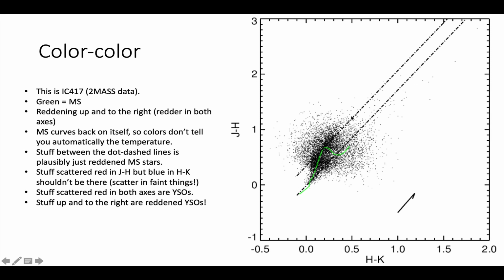The dot-dash lines here are lines parallel to the reddening vector, and they sort of straddle most of the range of colors for main sequence stars. So anything between those two bands is plausibly just a reddened main sequence star. But you can see we've got a lot of stars down here that are very red, right? These guys are the young stars. These guys are reddened young stars.